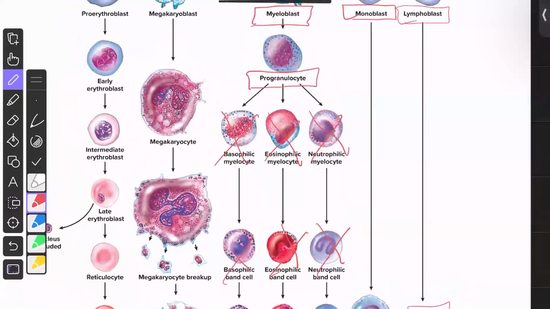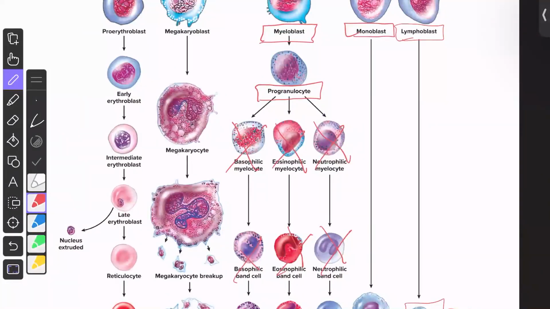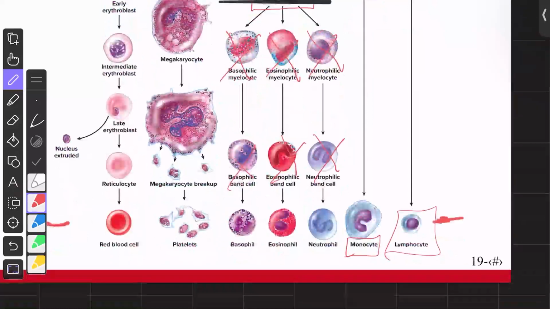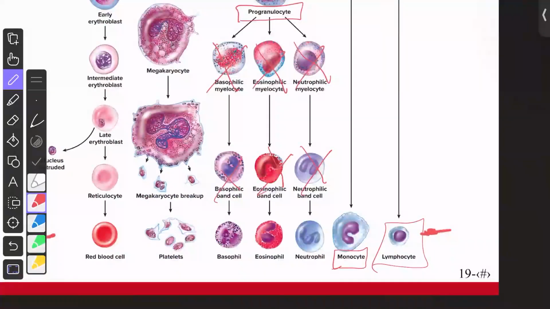So your myeloblast becomes a progranulocyte, and that progranulocyte will differentiate into basophils, eosinophils, and neutrophils. What do they have in common? Yeah, they're all granulated white blood cells. Okay, progranulocyte, granulated white blood cell. They are related to the monocyte, which is not a granulated white blood cell. Okay, makes sense? Yep. Okay.